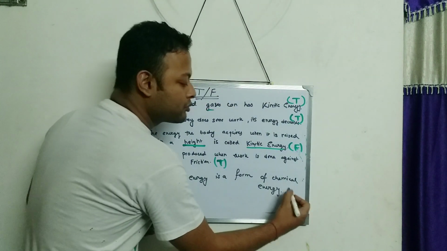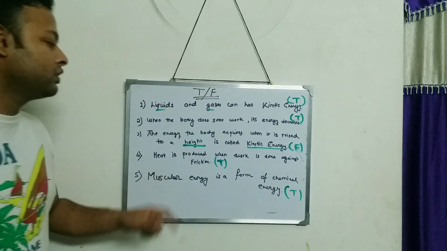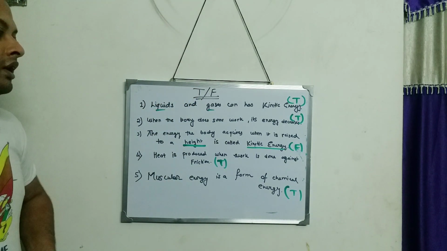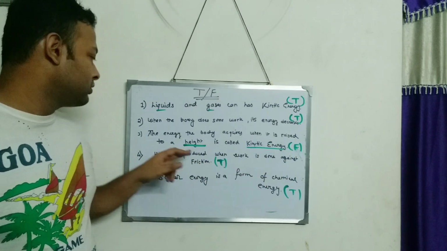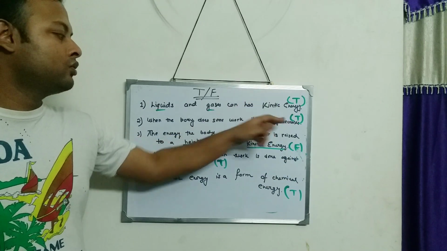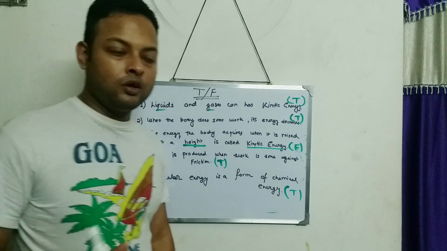So chemical energy gets converted into muscular energy. So I can say muscular energy is a form of chemical energy. So this statement is absolutely true. I hope you have understood. True, true, false, true, true. So only the third one is false. 1, 2, 4 and 5 are true. Okay.